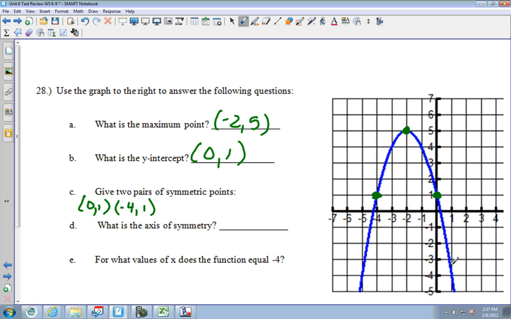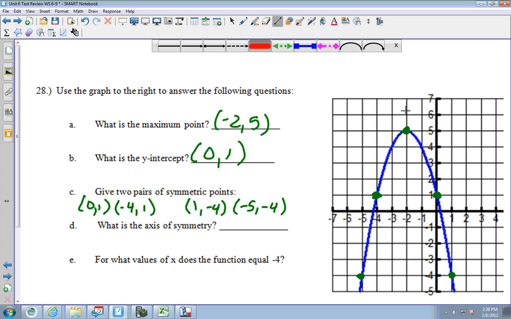Another one, if I cross down here, is 1, -4, and -5, -4. Now the axis of symmetry, that's the line where you can fold the parabola in half.